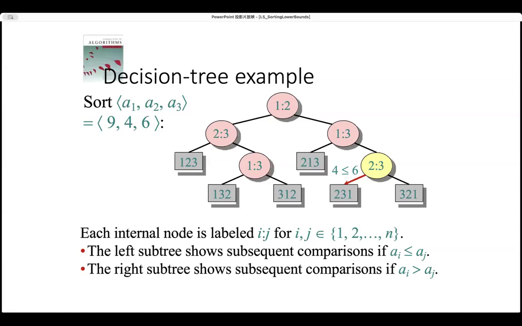And then go up one level again. 9, 6. Well, 9 is greater than 6, so obviously you need to do something to correct that. And again, you go up to the top. 9 is greater than 4. Again, you need to do something to correct that, in order to produce a sorted sequence, from 9, 4, 6 to 4, 6, 9.